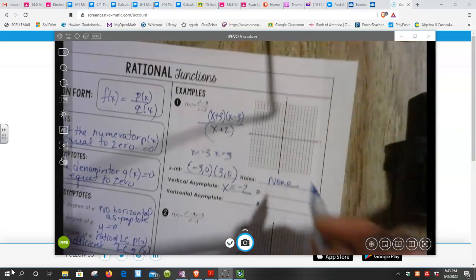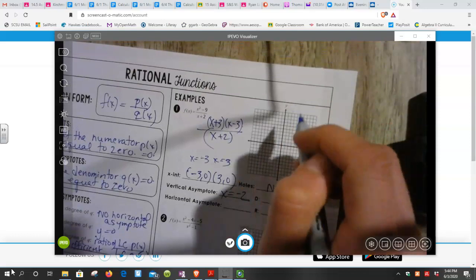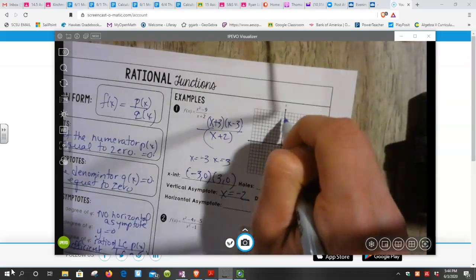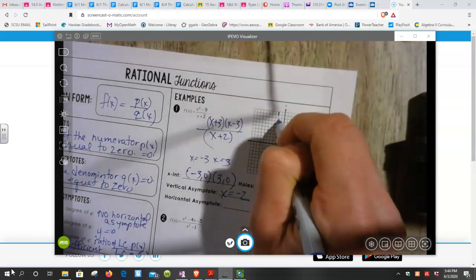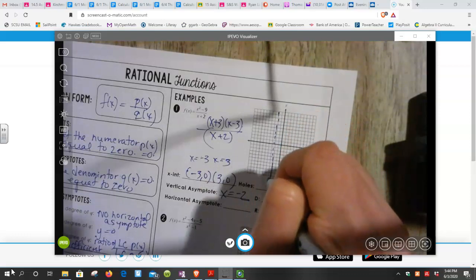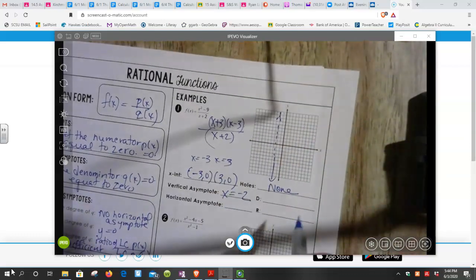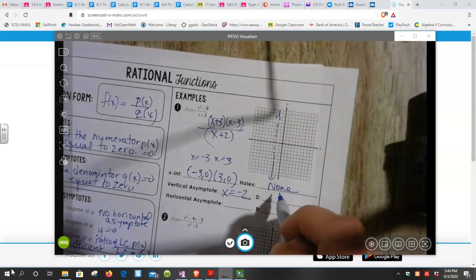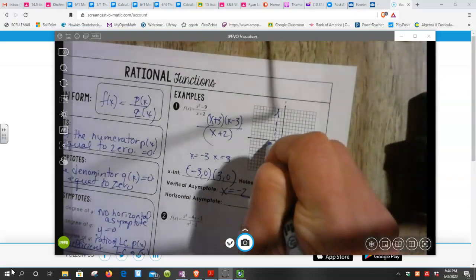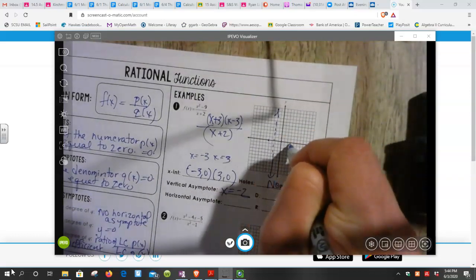And we'll finish this here. So x equals negative 2 is right here. No holes. We have x-intercepts of negative 3 comma 0 and 3 comma 0.